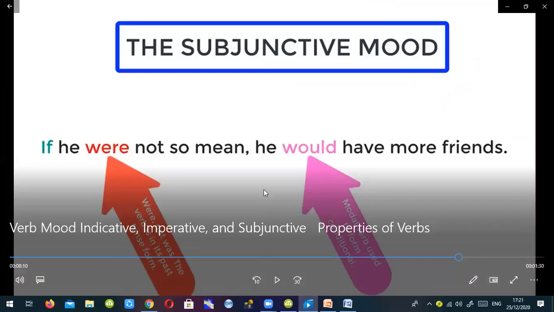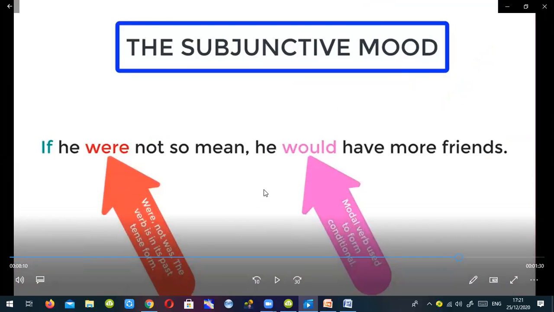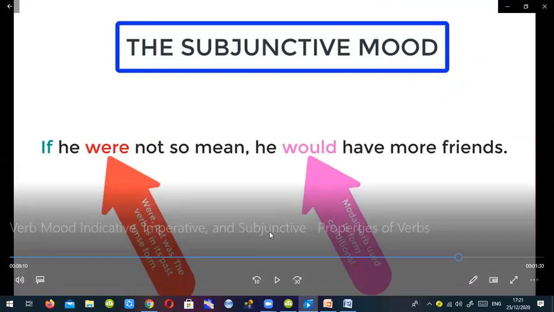Okay, you know that in if clause type number 2, the subject he is singular, and we use were with this, and would plus be on the other side. This is also known as hypothetical conditional, you know that, right? If sentence or if clause type number 2 is also known as hypothetical, not based in reality.